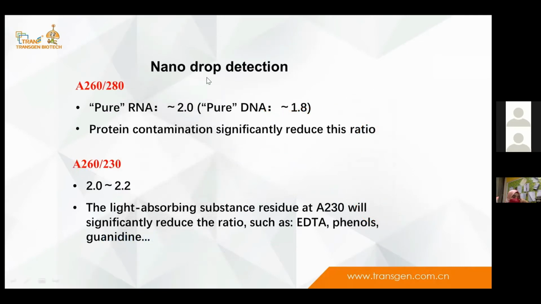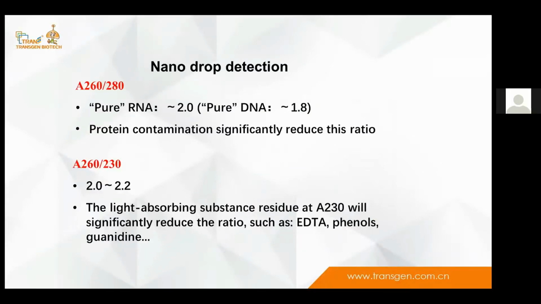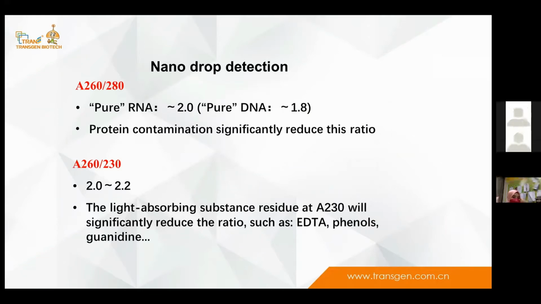The other one is the NanoDrop detection. With this machine, we just need maybe 1 or 2 microliters to detect RNA, and we easily get the concentration of the RNAs. The other key point is the ratio between 260 and 280.